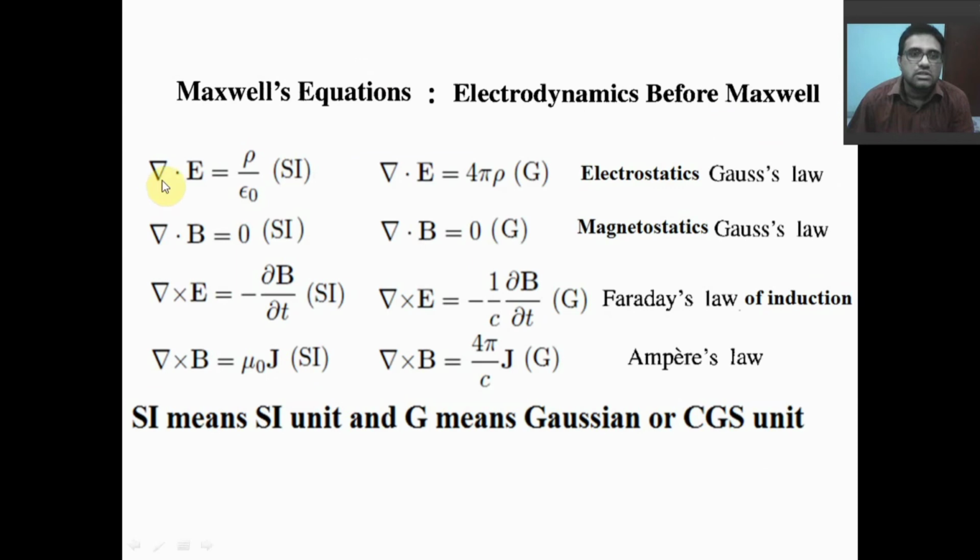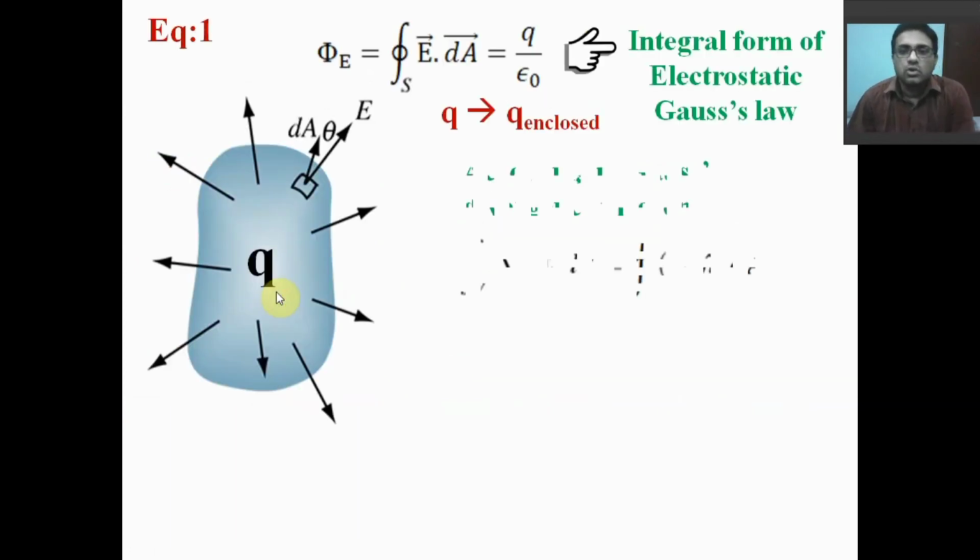Here this del is in bold form, so you can write like this. If you know it is a vector, sometimes we can write it in bold form. Here the electric field and magnetic field are all written in bold form. Similarly this is also in bold form, so that's why we are not putting an arrow over it, okay. That is not wrong, everything is okay.